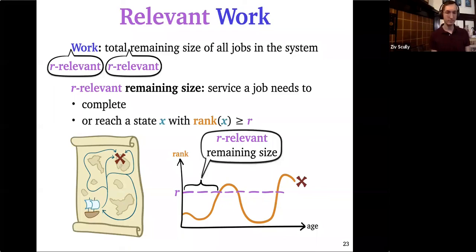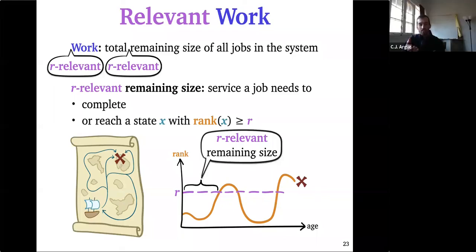Exactly right. Okay, and then is it true that there's just some function of time or a function of age that says your Gittins rank is purely a function of your age and nothing else?